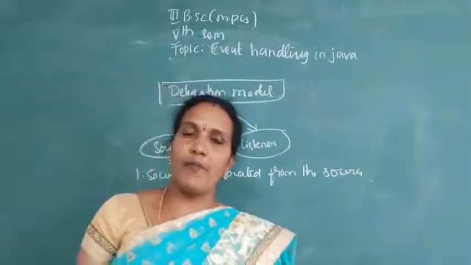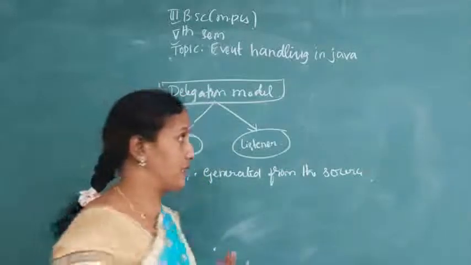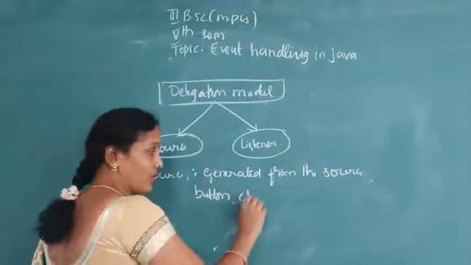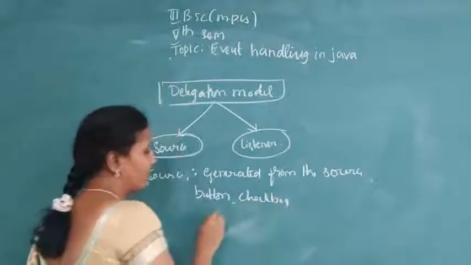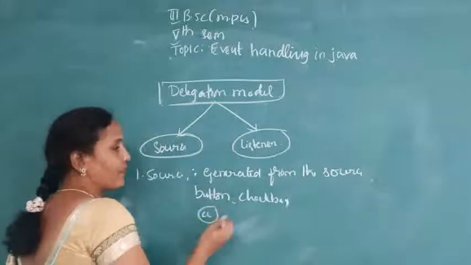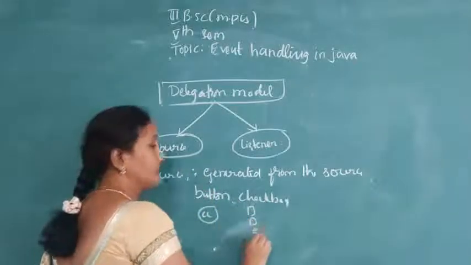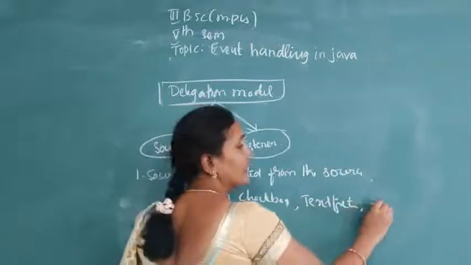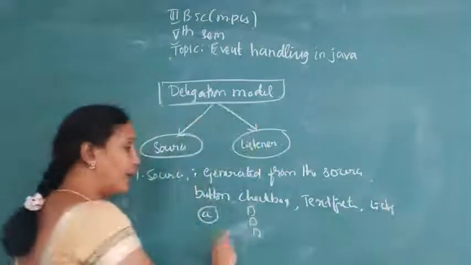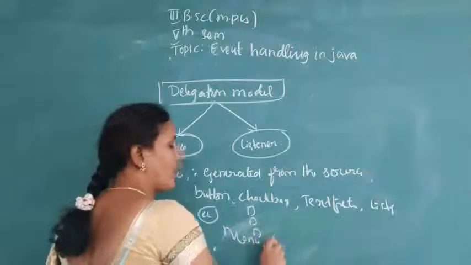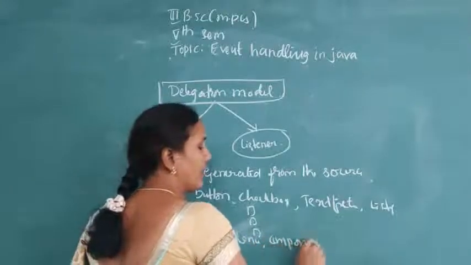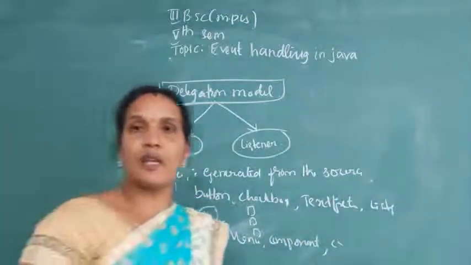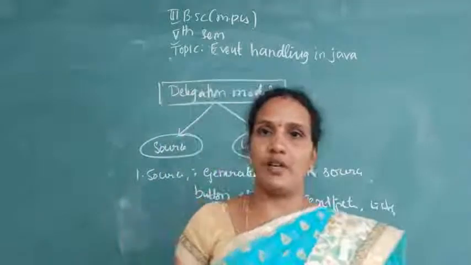And in Java, we have different sources like button, checkboxes, and these buttons mean the click. Checkboxes mean multiple options. Text field, list, menus, components, containers. We have different types of sources. From those sources, your event will be generated.